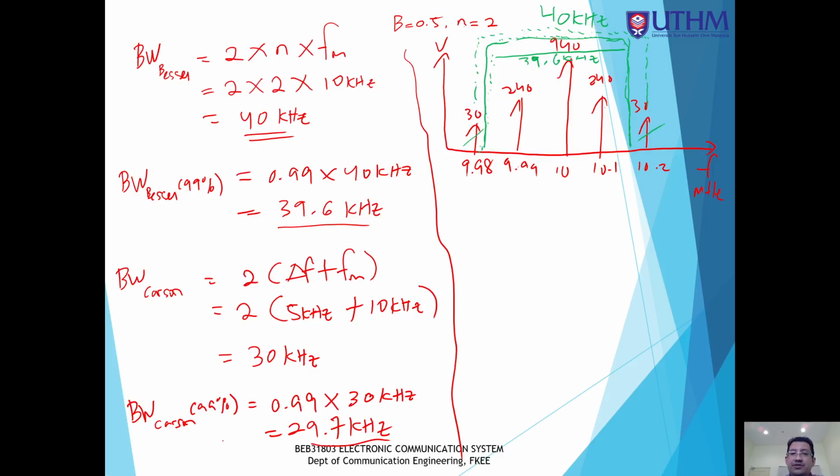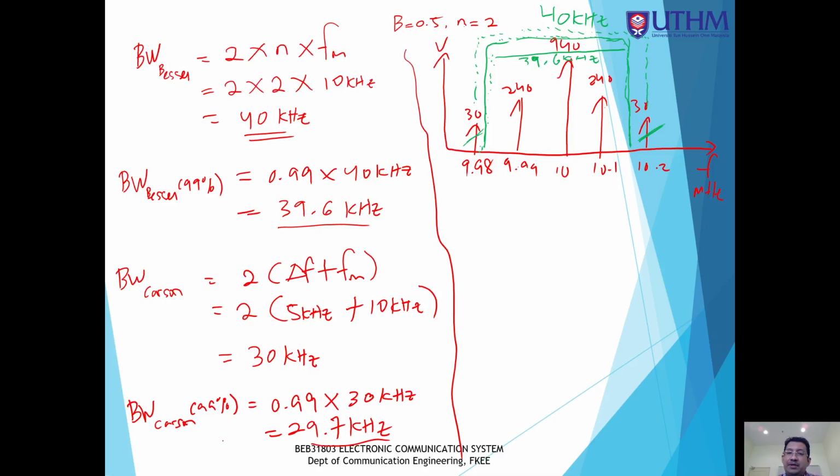Assume that we have a filter with a 99% cutoff. That means the filter will select everything inside this 39.6 kilohertz of bandwidth and remove the other frequencies. So the smaller sideband here will be removed, if you have a band pass filter.